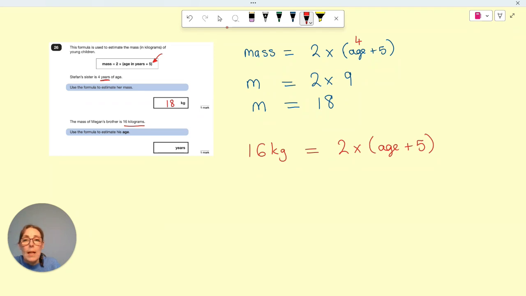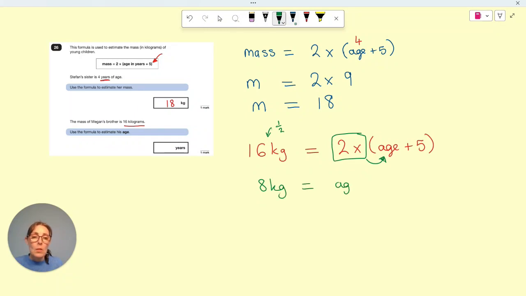Use the formula to estimate his age. Right, well, if we're doing 2 times that, then surely we're doing half of that to balance it. If it's 2 times on one side, it's going to be half of the other. So I'm going to put 8 kilograms on that side.